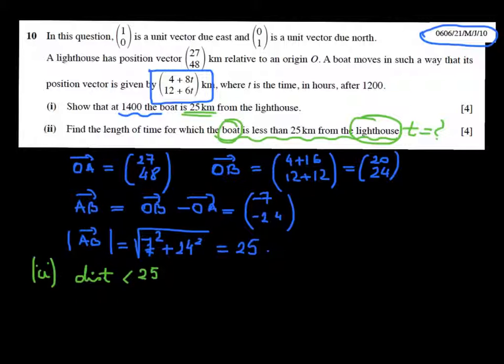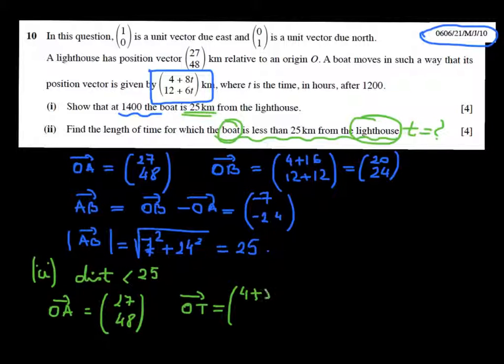Now, how do I find the distance? Initially, the boat is at A, given by the position vector 27, 48. After t hours, the boat will be at, let's call it OT, given by 4 plus 8t, 12 plus 60t.